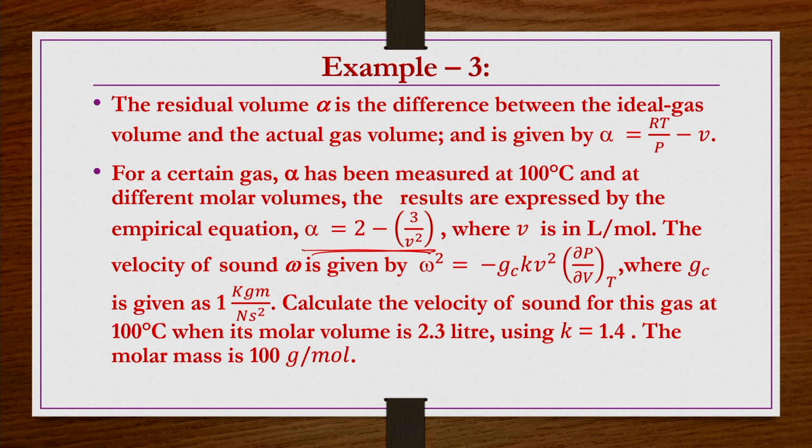The velocity of sound omega is given by omega² equals minus (Gc k V²) ∂P/∂V at constant T, right. Calculate the velocity of sound for this gas at 100 degrees centigrade when its molar volume is 2.3 liters, using k equals 1.4. The molar mass is also given.